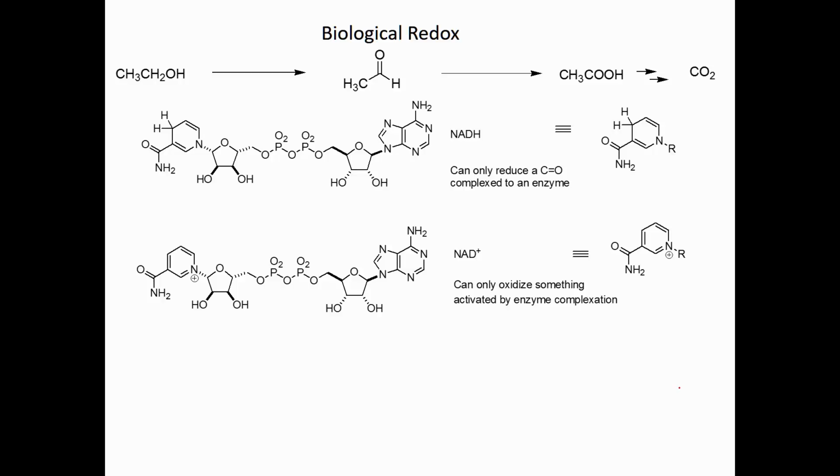The universal biological reducing agent, often called a cofactor, is this molecule here, nicotinamide adenine dinucleotide, or the reduced form of that. We're just going to abbreviate it this way, because this is the part of the reagent that is actually doing the reducing.